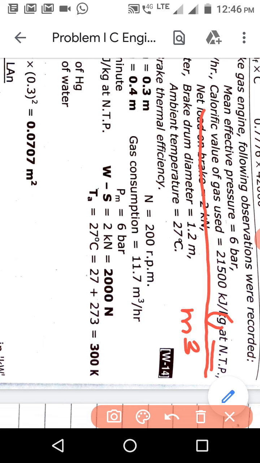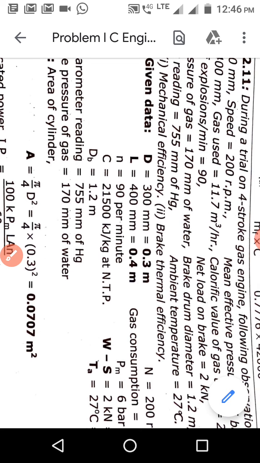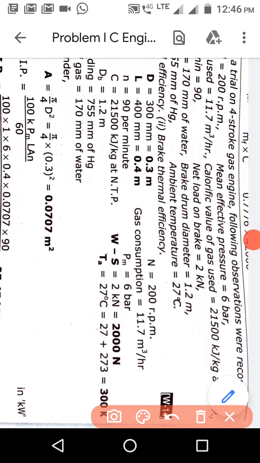So whenever the calorific value of gas is used and it is not given in real condition, if it is given in standard conditions, we have to convert. Now see here, in this problem two different pieces of information are given. Gas use is given at real condition and the calorific value of gas is given in standard condition.